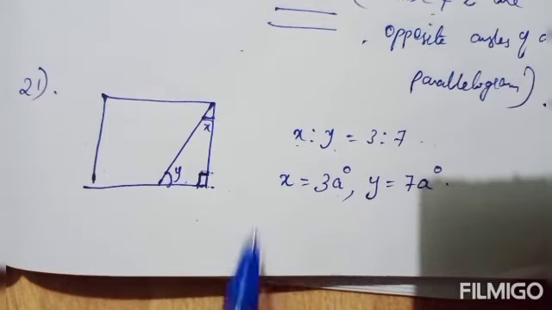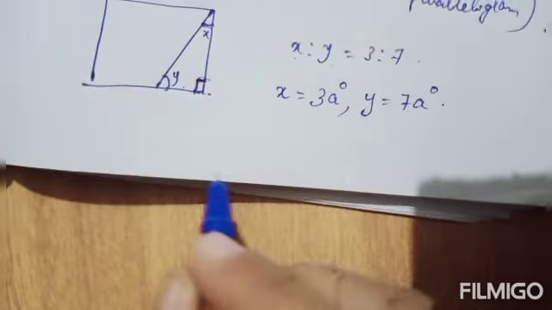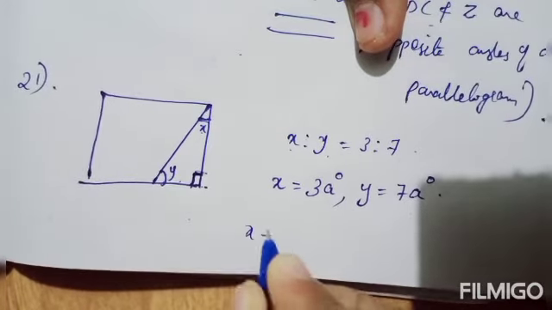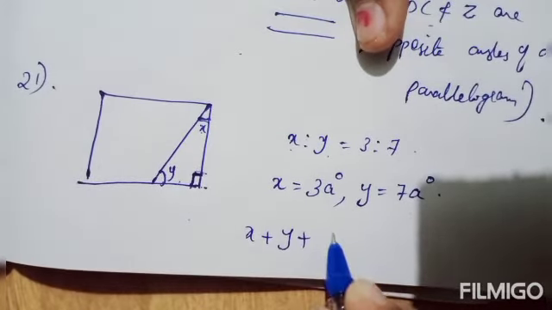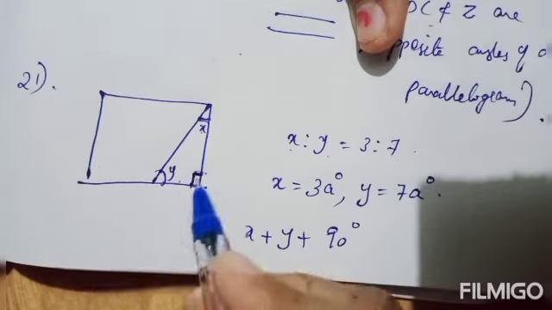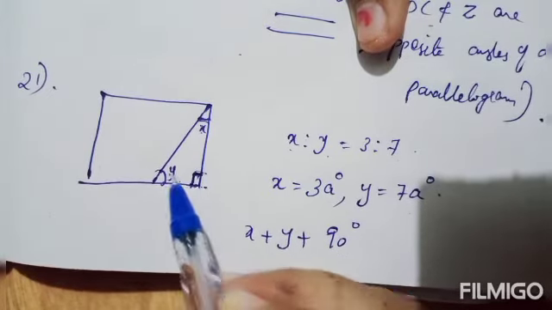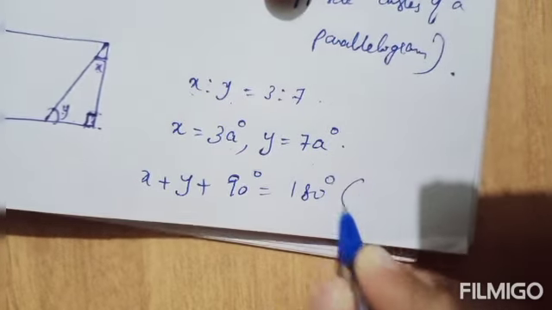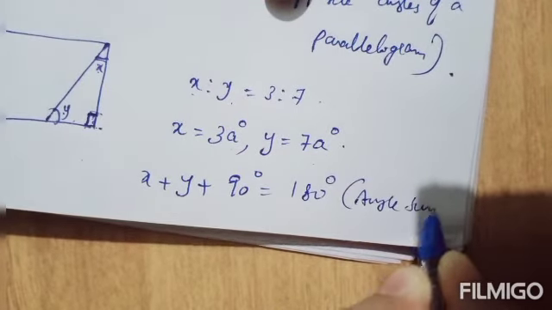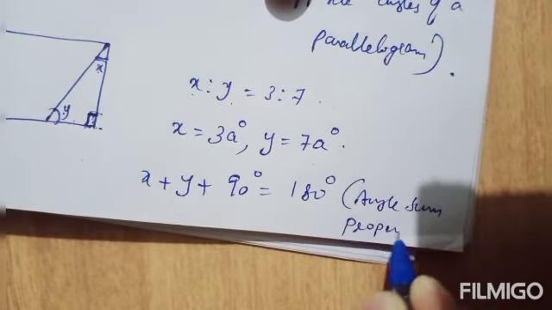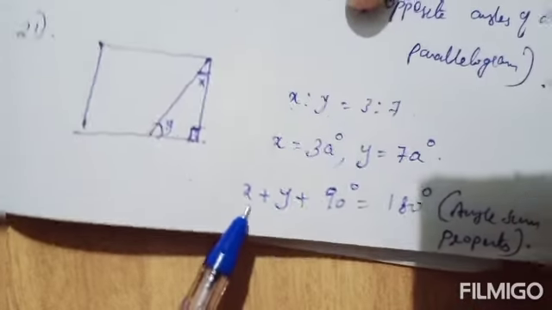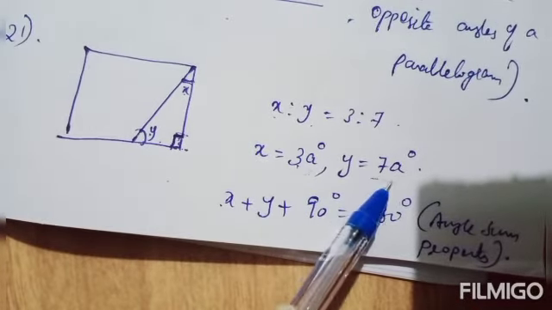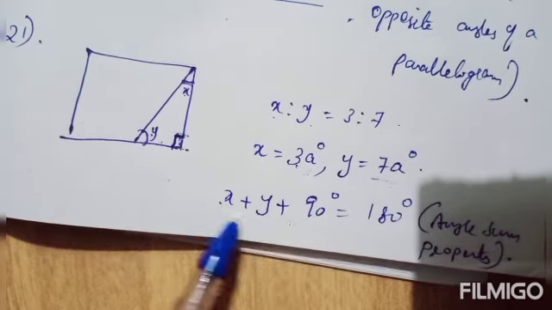Okay. Now you can apply angle sum property in this triangle. So x plus y plus 90 degree. These are the three angles of the triangle: x, y and 90. X plus y plus 90 degree equal to 180 degree by angle sum property of a triangle. Now x we take 3a and y we take 7a, so you can substitute here.